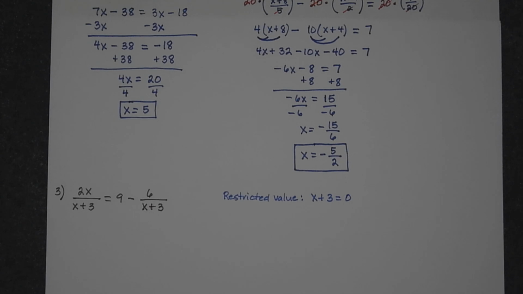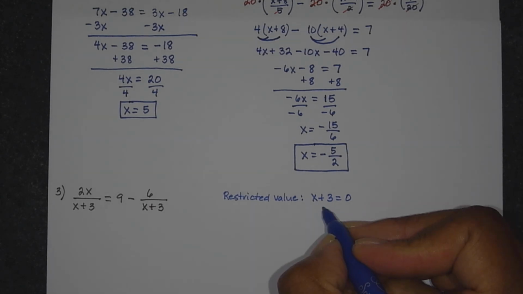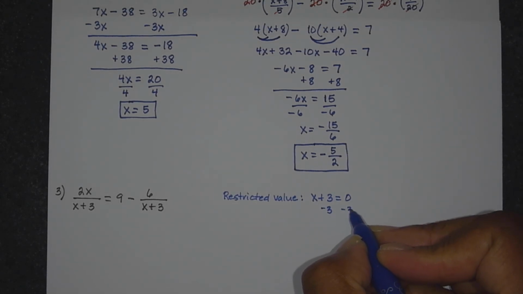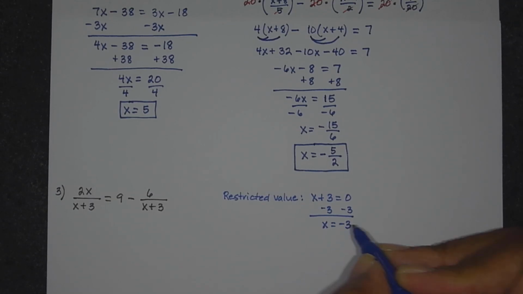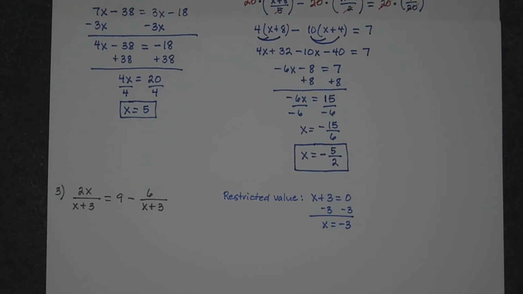Well, if x plus 3 is equal to 0, what must x be equal to? Negative 3. So I know at negative 3, I'm going to have a 0 in the denominator. And that will be my restricted value for this equation. And keeping that restricted value in mind, we're going to solve this equation.